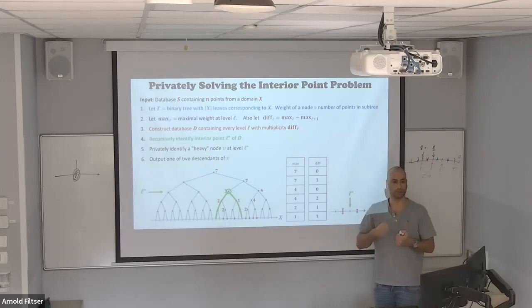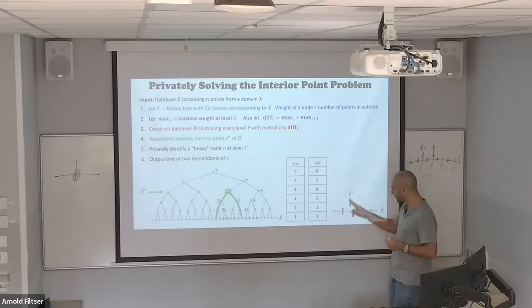In the algorithm, we need to make sure that it really happens, by throwing away the endpoints from every layer, similar to the reduction between the median and the interior point problems. Anyways, for now, let's just assume that the green point is a deep interior point of this data set.